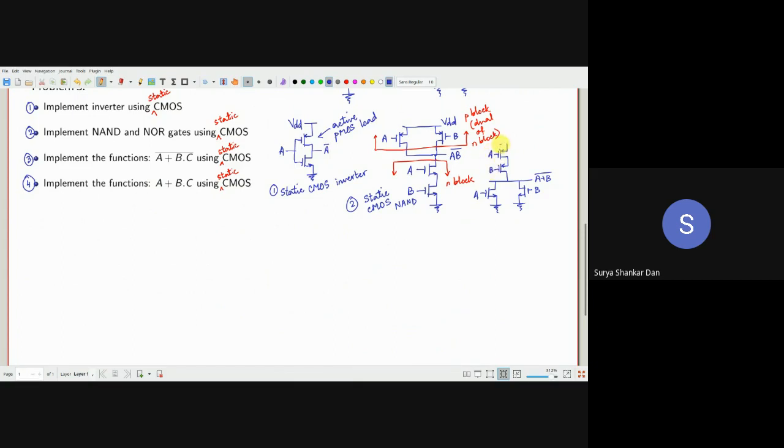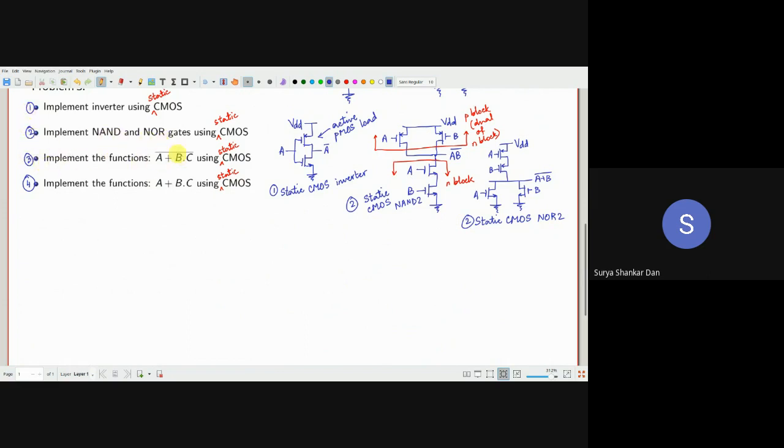A, B, this is your VDD. That's it. So this is your number 2. This is static CMOS NOR. This is NAND 2. All right. So that finishes up with problem number 2.